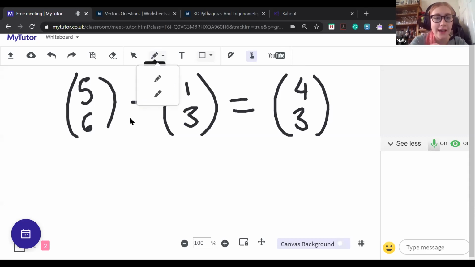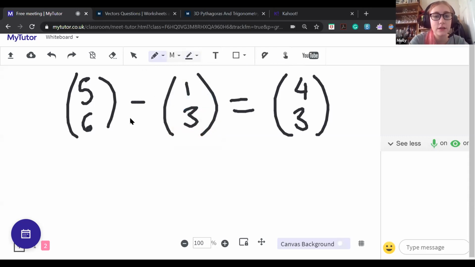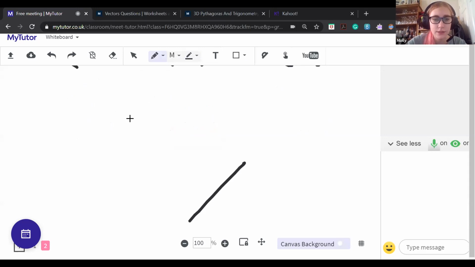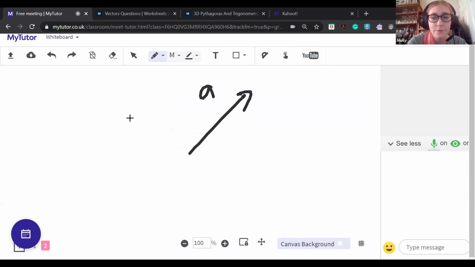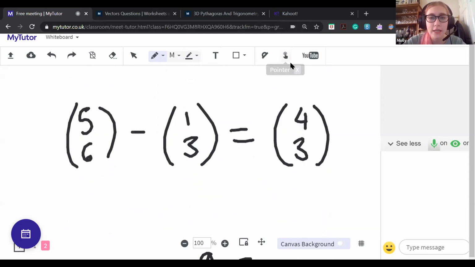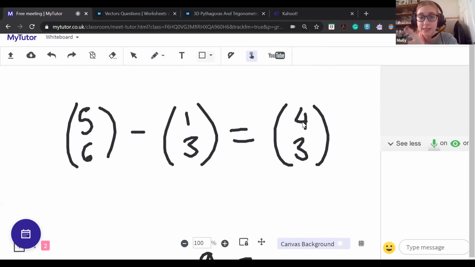So if this vector is represented by A, then this vector, the one that's parallel, imagine it's overlapping it, is minus A. So when we say minus 1, 3, what that means is we actually go backwards 1 and 3 steps. Now if you've gone forward 5 and back 1, that's equivalent to having gone forward 4 overall.